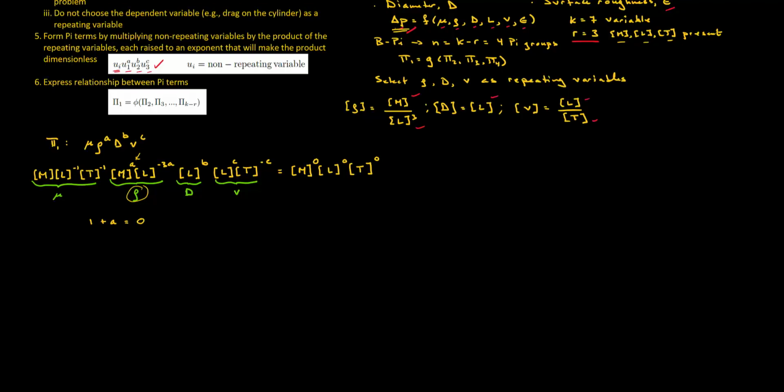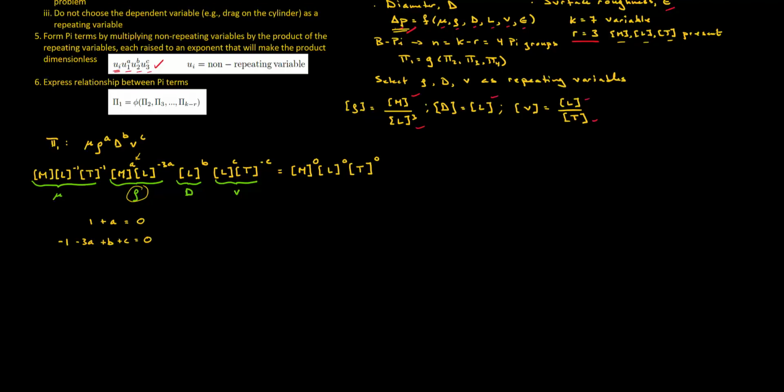Next, let's equate the dimensions of length on the left and the right hand side. So we have length appearing in the viscosity at the -1 power. So we have -1, and then -3a appearing in the density, plus b appearing in the diameter, plus c appearing in the velocity, and this is equal to 0.